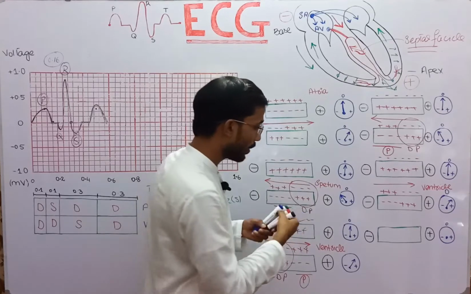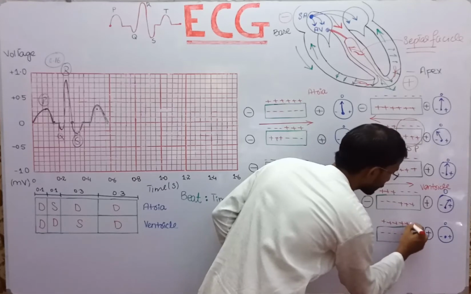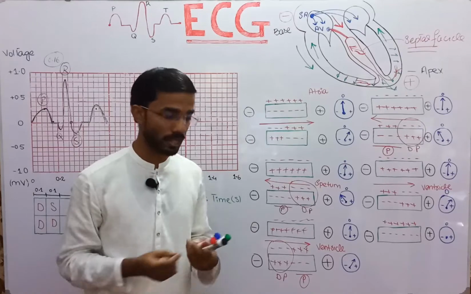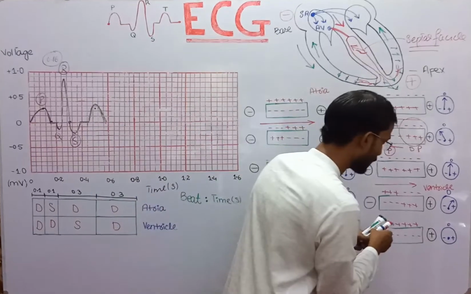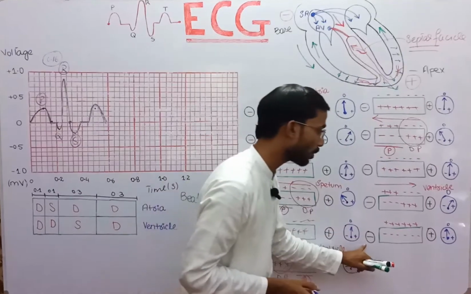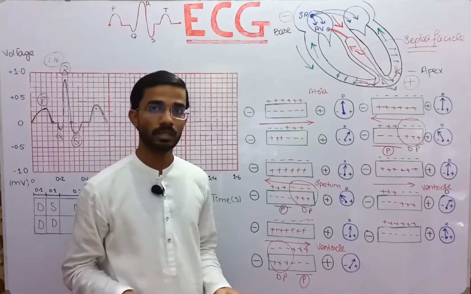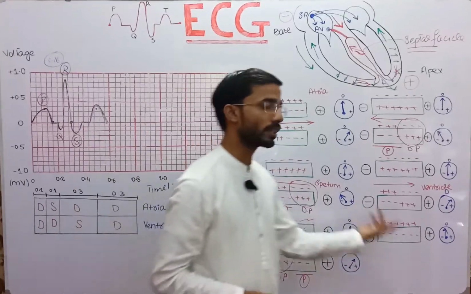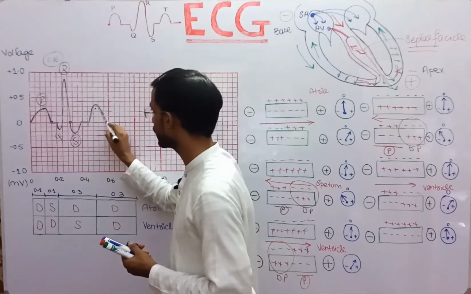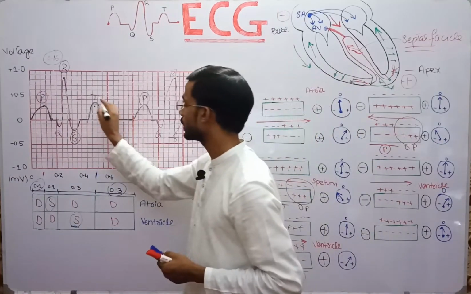Because when all the cells become repolarized, or attain the polarized state, then the potential will again become zero, because at the positive and negative electrodes all the charge will be the same, so the voltage will be zero. And here this peak also attains zero voltage. And so this is the formation of the T wave.